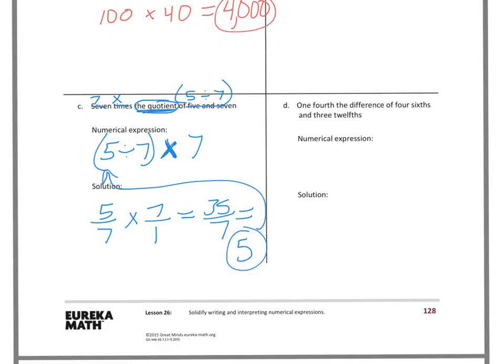And the last one, 1/4 the difference of 4/6 and 3/12. So 1/4 the difference, meaning we're subtracting 4/6 minus 3/12.